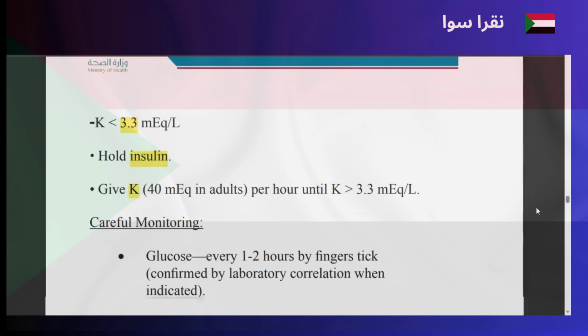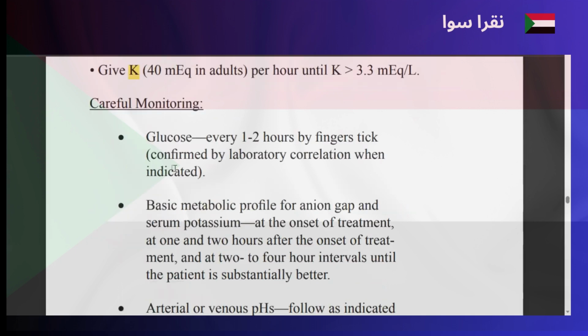Carefully monitor the glucose every 1 to 2 hours by finger stick, confirmed by lab correction when indicated. Check the basic metabolic profile for anion gap and serum potassium at the onset of treatment, at 1 and 2 hours after the onset of treatment, and at 2 to 4 hour intervals until the patient is substantially better.